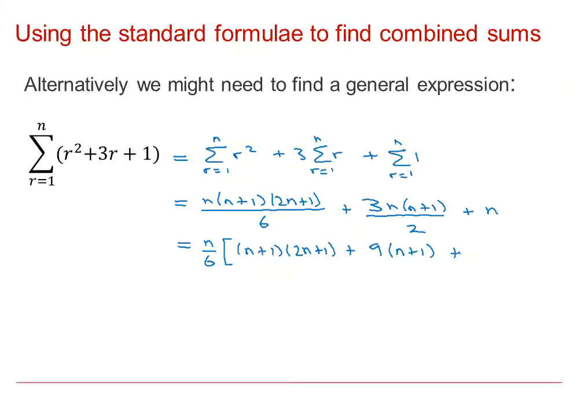And again, if I'm taking out n over 6, that last term would become 6. So we've got n over 6, and then if we expand the brackets, we're going to get 2n squared plus 3n plus 1 plus 9n plus 9 plus 6.